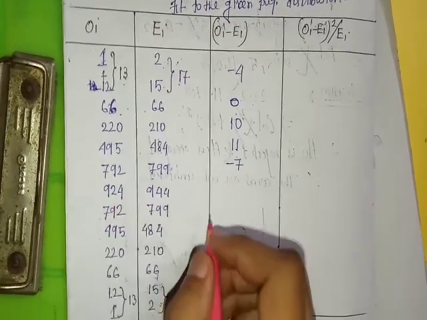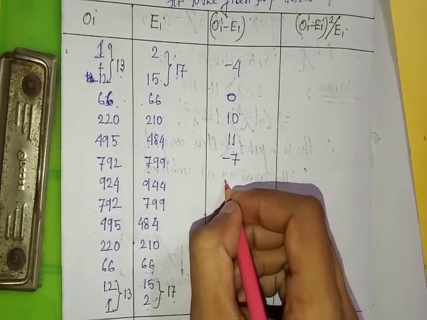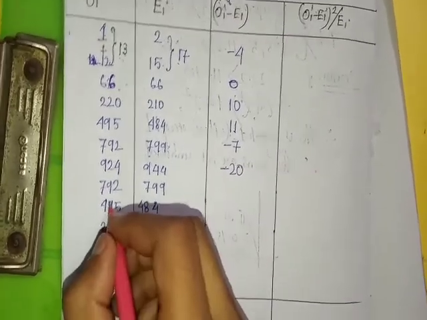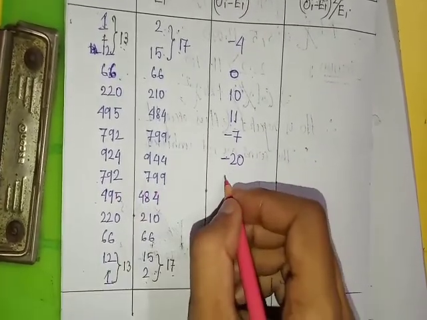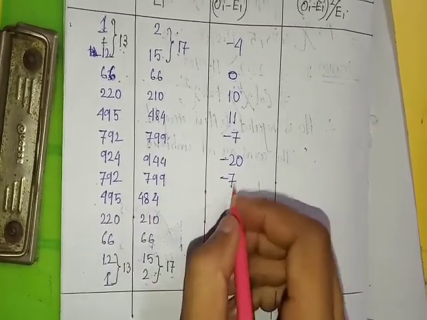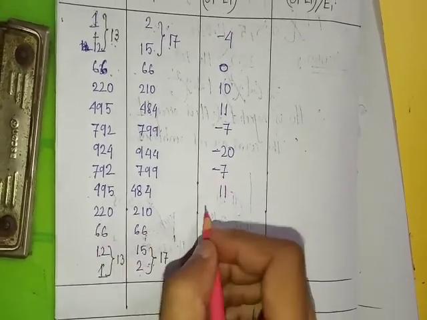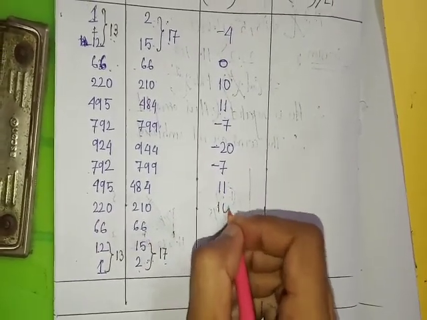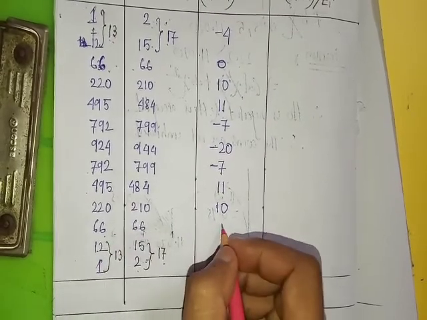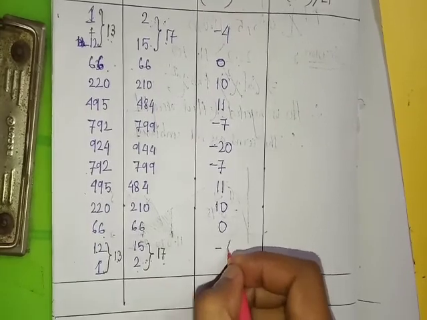Similarly, 924 minus 944, this is minus 20. 792 minus 799, this is minus 7. 495 minus 484, this is plus 11. 220 minus 210, this is plus 10. 66 minus 66, this is 0. 13 minus 17, this is minus 4.